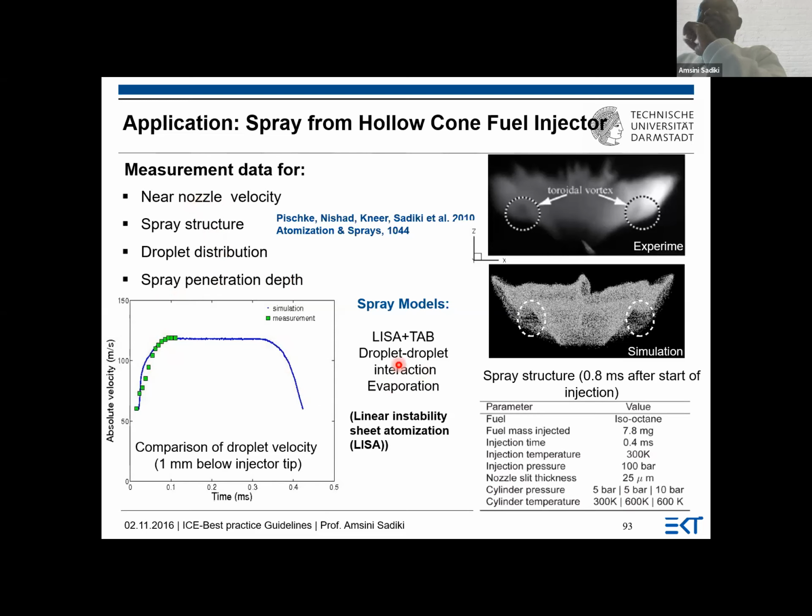We use for that the combination of the LISA model for the primary breakup and the TAB model, and we include the droplet-droplet interaction, and also an evaporation model.